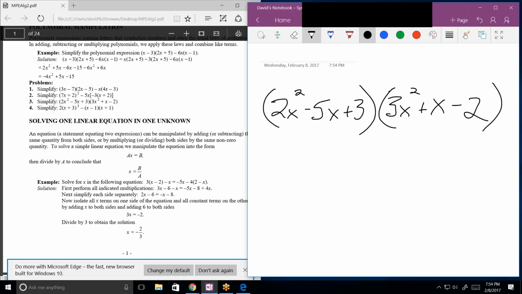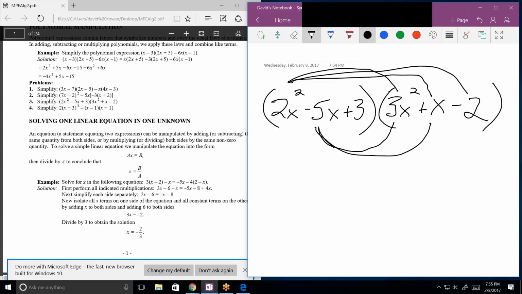So start with the term on the left, multiply that times that, then multiply that times that, and then multiply that times that. And then go to the next term, minus 5x, multiply that by that, multiply that by that, multiply that by that. And then finally do the last term, the 3, multiply that, multiply that, multiply that, and then combine them all. So let's do the first term.